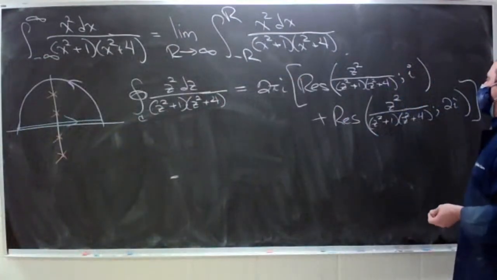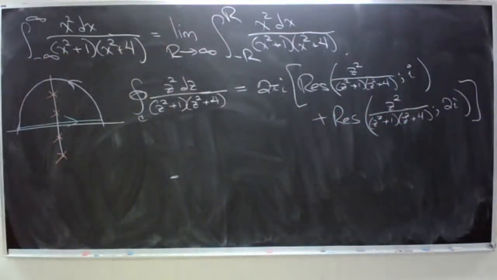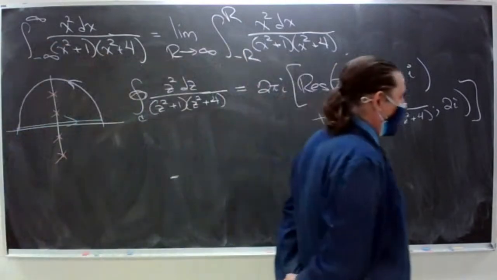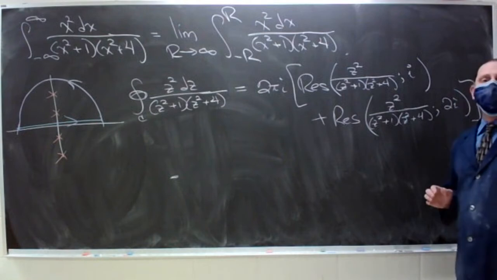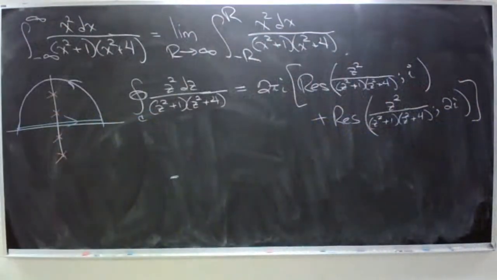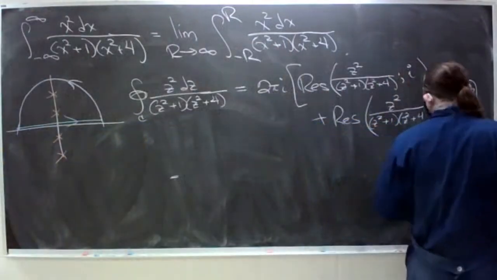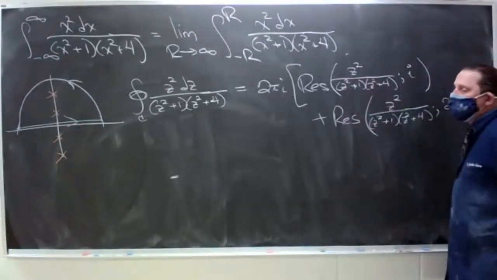All right, these residues are, of course, easily determined because they're both simple poles. So I'm just going to multiply by z minus i and take the limit as z approaches i. If I imagine doing that using L'Hopital's rule, we'll find that I don't have to take the derivative of the z squared.